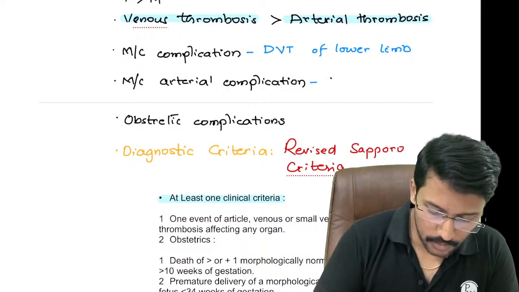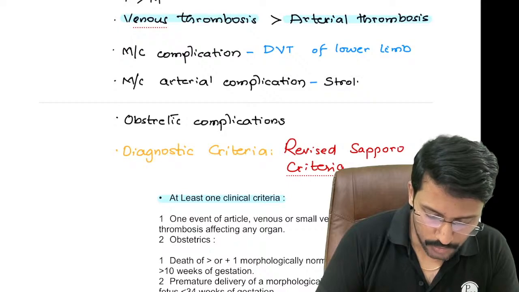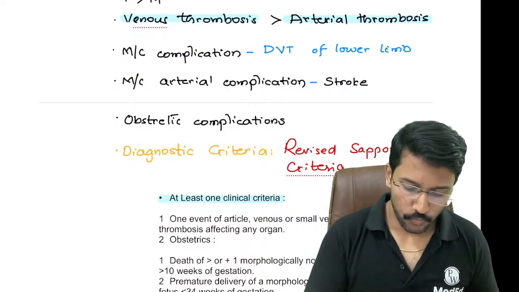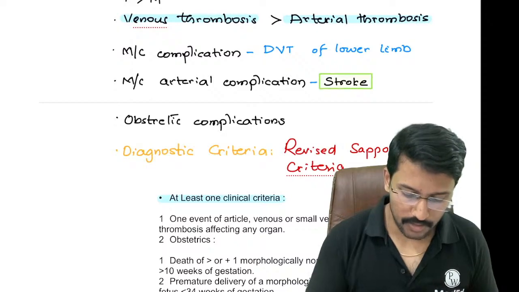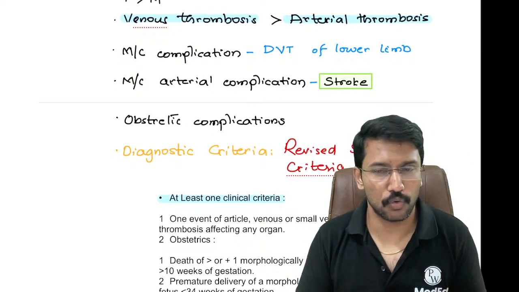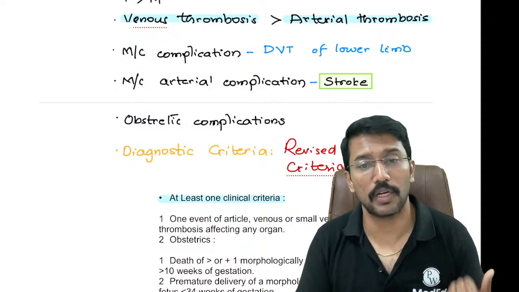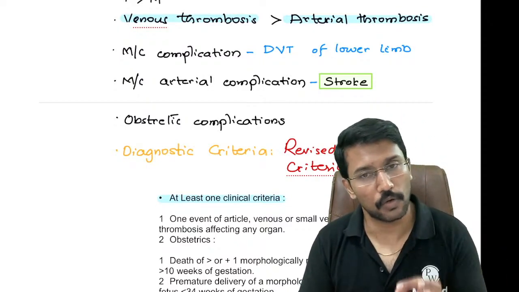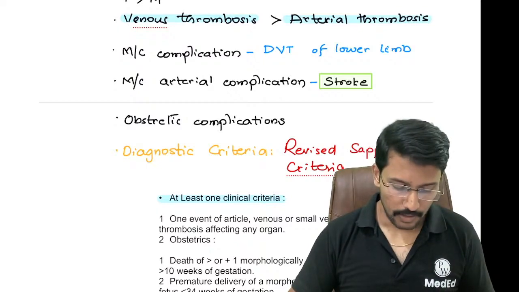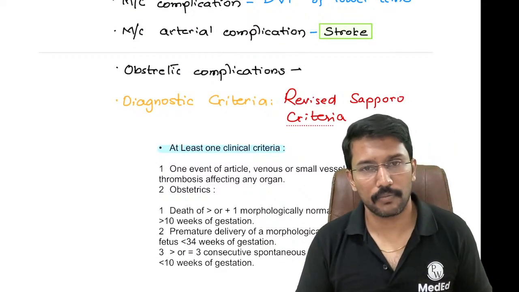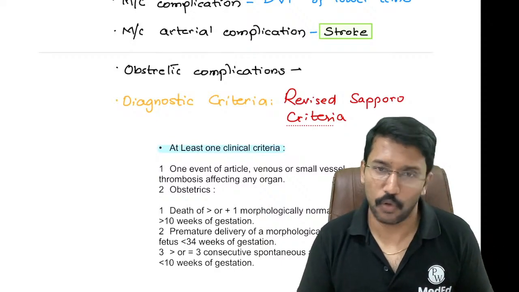Overall most common arterial complication is stroke, and antiphospholipid antibody syndrome is one of the important risk factors for stroke in young individuals. Ideally stroke happens after 45 years of age, but if someone develops stroke before 45 years of age, we call it a stroke in the young, and APS is one of the causes. And then you have studied about antiphospholipid syndrome in OBG as well, because obstetric complications also happen.